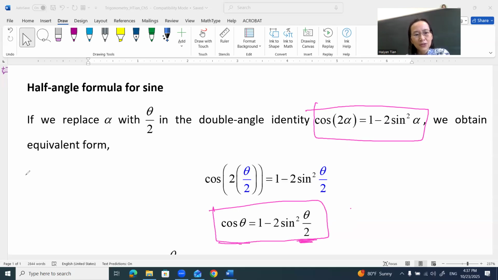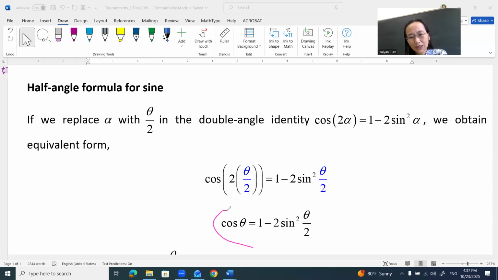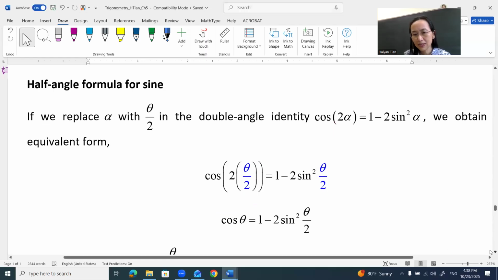So from here we can try to derive a half angle identity, because I just want to isolate this half angle. Let's solve the equation for sine square half of theta.